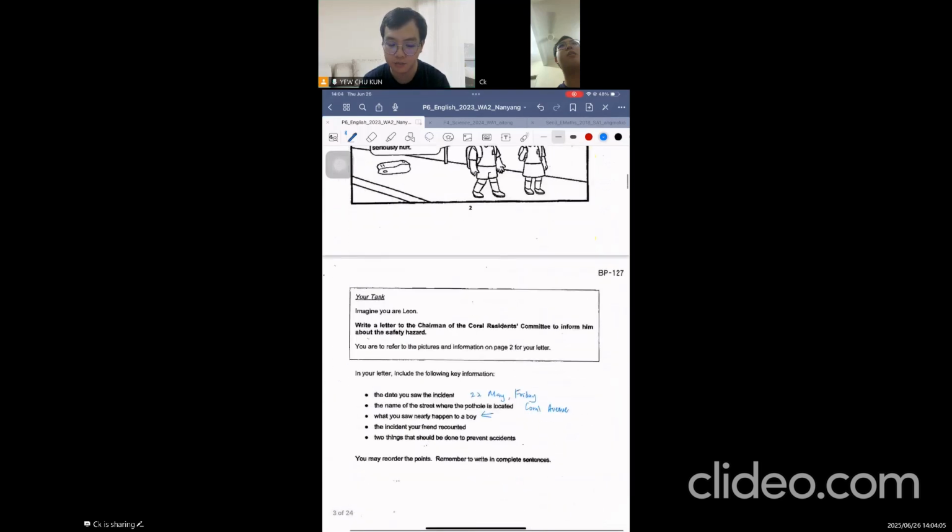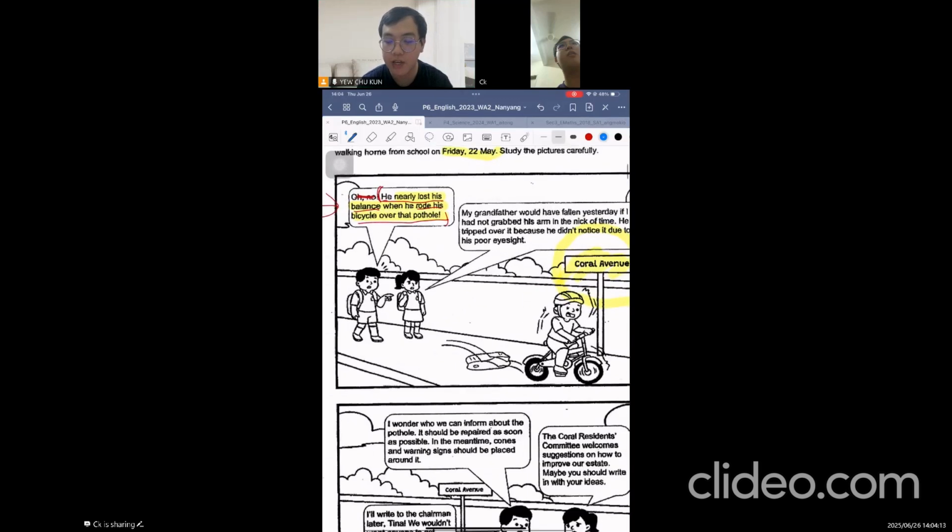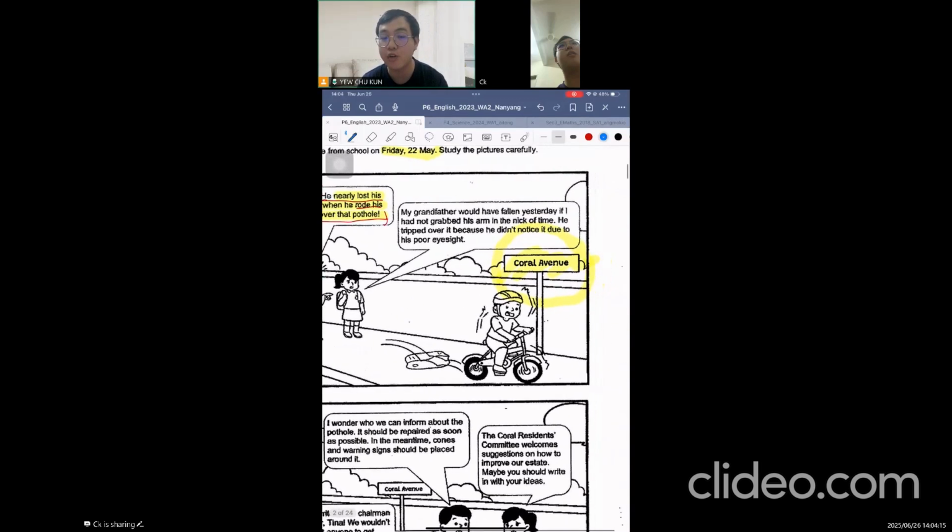So in here, the keyword is incident. So we can actually use the same technique as well. We can reuse part of the words. So what can we use? We can use my grandfather would have fallen yesterday. But here he used the word my.